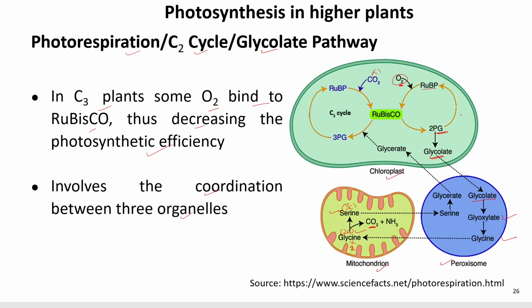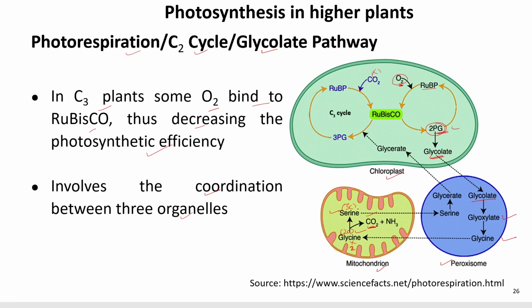So initially the carbon dioxide which was fixed in the form of phosphoglycolate is released here. That's why it is a wasteful process. There is a loss of photosynthetic yield. Here the carbon dioxide was fixed, but here there is decarboxylation and release of carbon dioxide.